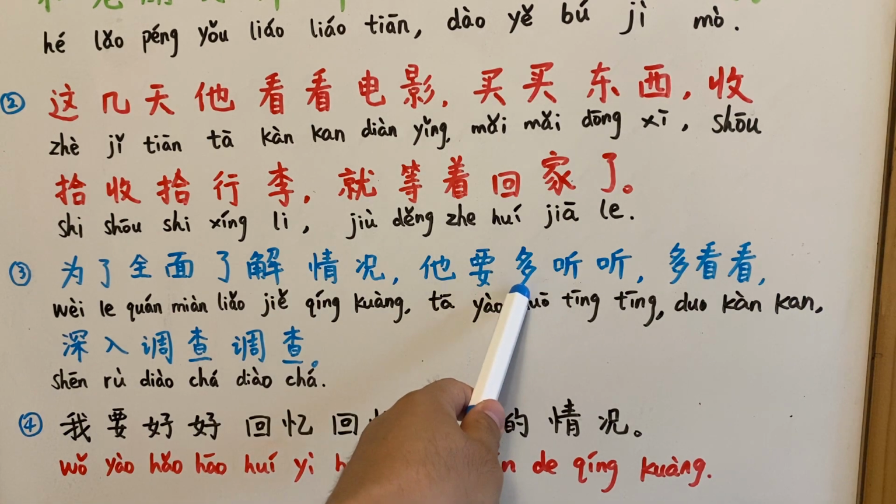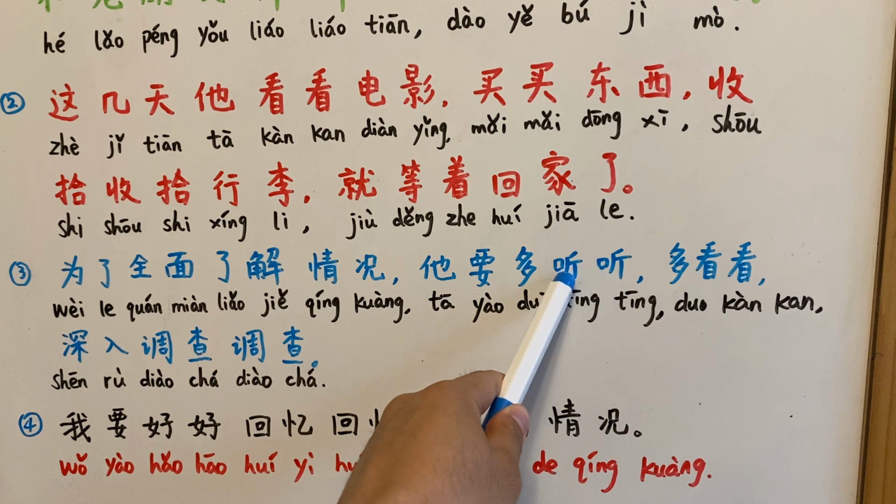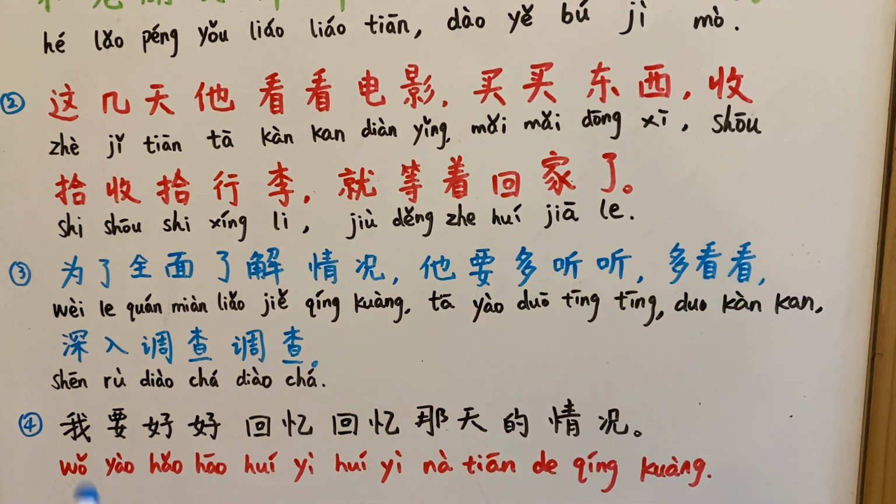This 多 indicates a long period of time. This is an adverbial of the verb phrases 听听 and 看看. Also, this 深入 means this action will take a long period of time because you are going to further investigate. That is an adverbial of this verb phrase.